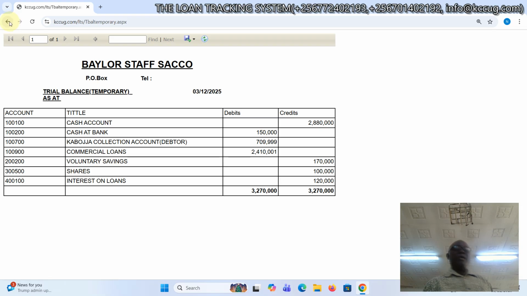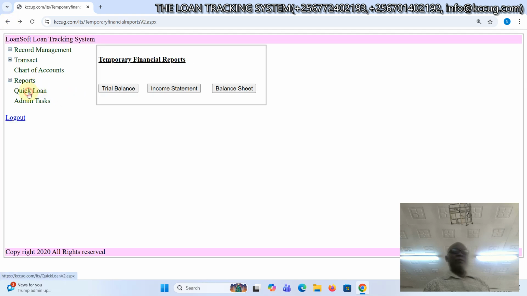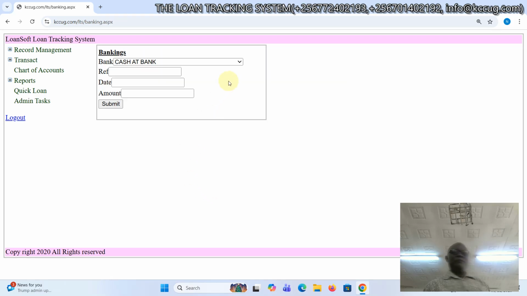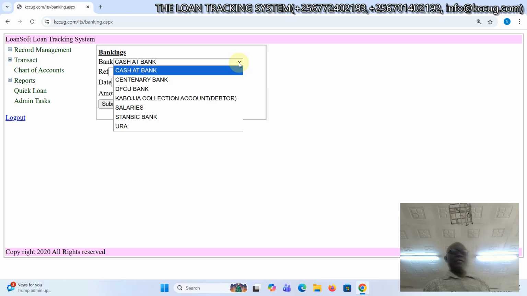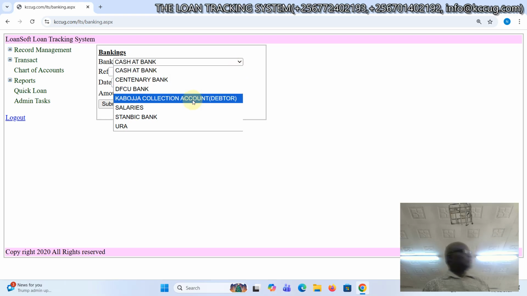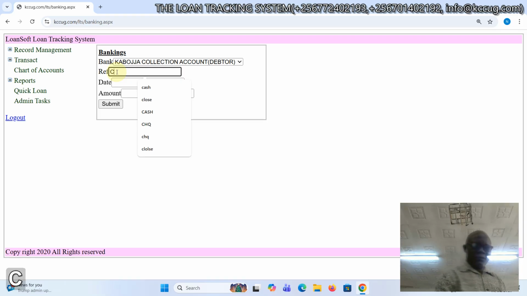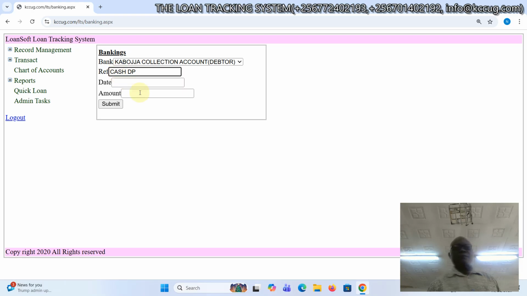Okay, now I'm going to transfer the 709,000 shillings to the bank in form of bankings. Click on bank. Click, Kavadia collection account has appeared. Select it. Then you say this is cash deposit.